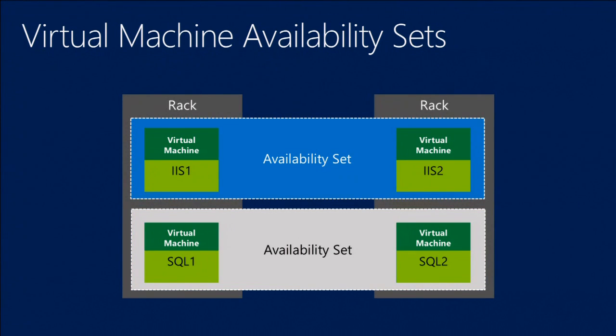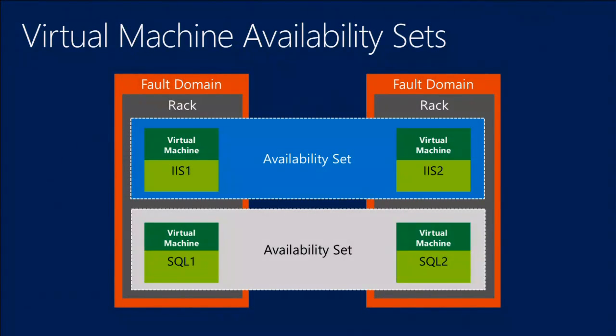So again, if you place your VMs in an availability set from a Windows Azure viewpoint, which is an option available from the web UI or from PowerShell, this will guarantee, because the provisioning of your VM will guarantee this result, that your two VMs will be placed on different racks.